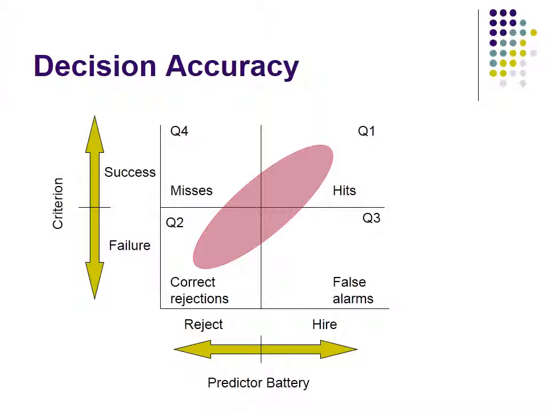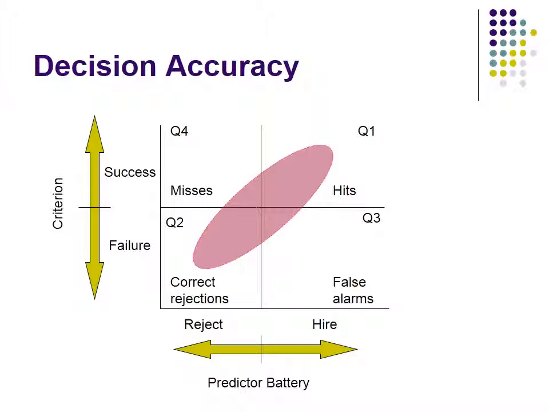Now on the horizontal axis, we have the actual prediction battery scores. Again, lower scores represent someone that's being rejected. Higher scores mean someone's hired. And the second piece of information we need for decision accuracy is we need to know at what point on that prediction battery is someone hired. Now those 2 pieces of information, what is minimum performance and what is minimum scores in a prediction battery to be hired, gives us the ability to draw 2 lines through our actual decision tree.